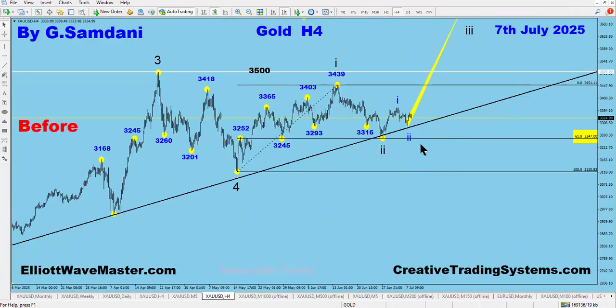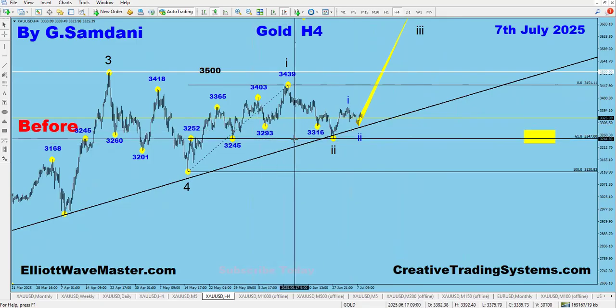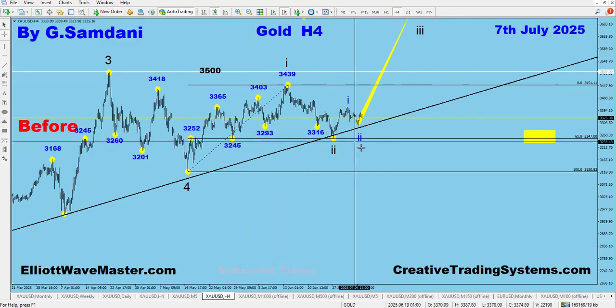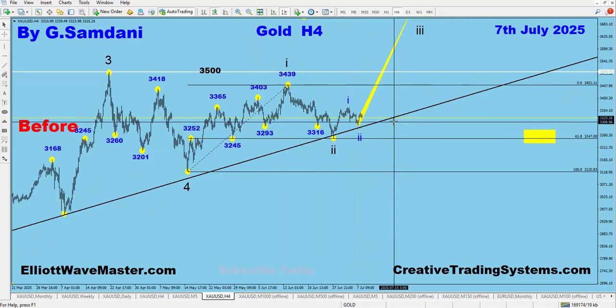So this is the main bigger picture, and this is what we are doing. And then if we come down here a little bit, make a harmonic pattern here, you can't even see it here, right? It's small, a Gartley or butterfly would be made here, and then boom, it will go up, right? So maybe these two, 3293, 3316, maybe even a little bit, see this low here, maybe it will drop here somewhere.